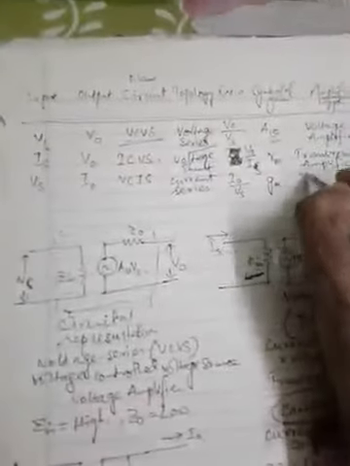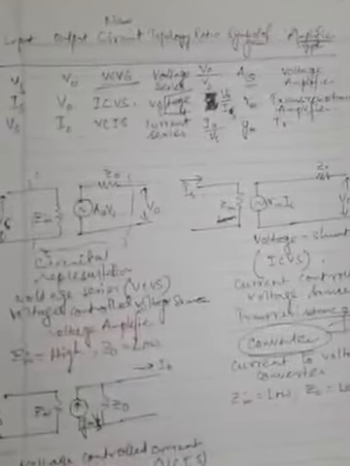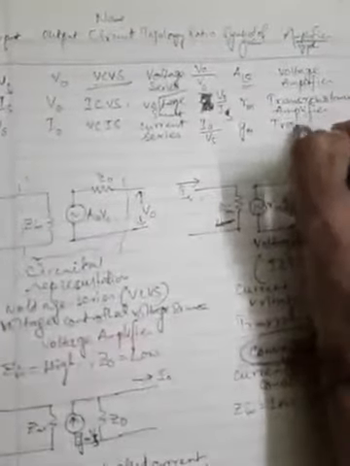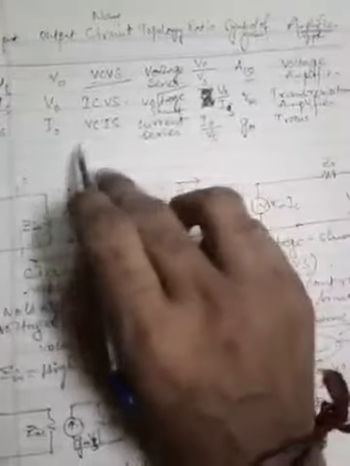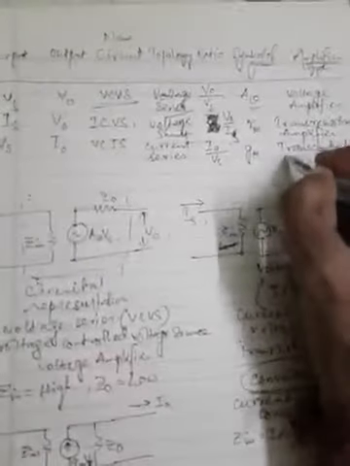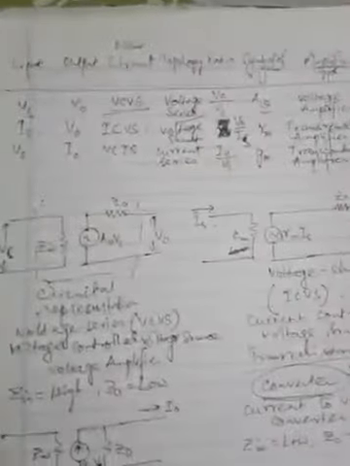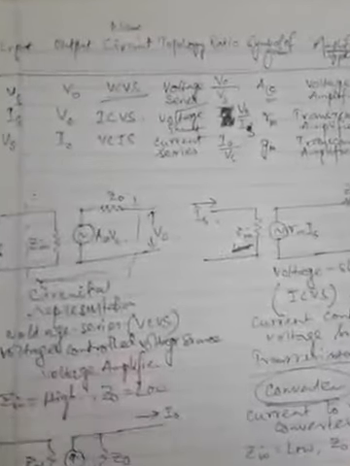So rather than being called an amplifier, this circuit, this particular formation of circuit, is called a transconductance amplifier, where at the input voltage is given and at the output current is obtained. So voltage is converted into current.